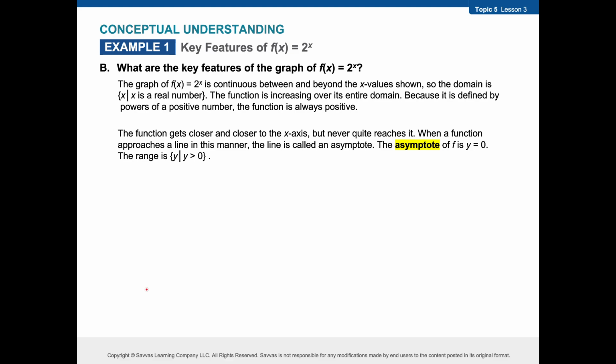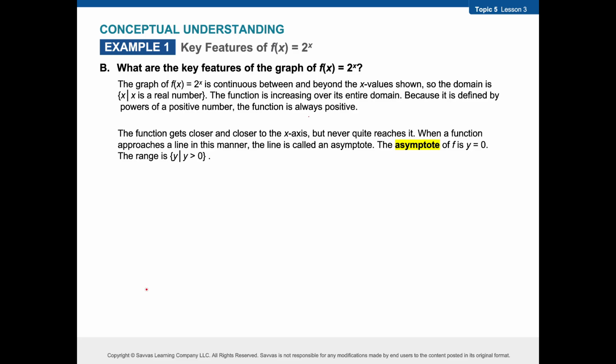So just to go over what I just said, the graph of f of x equals 2 to the x is continuous between and beyond the x values. So the domain is all real numbers. The function is increasing over its domain because it is defined by powers of a positive number. The function is always positive.